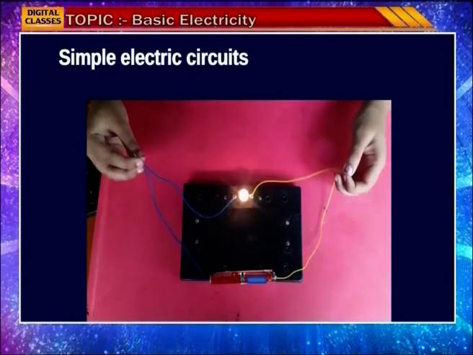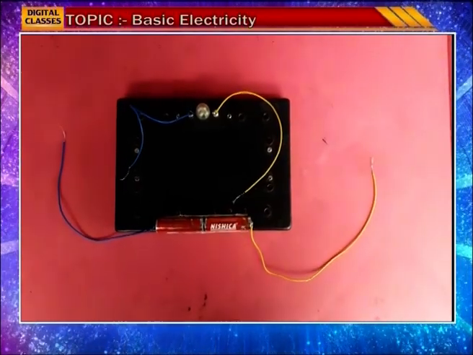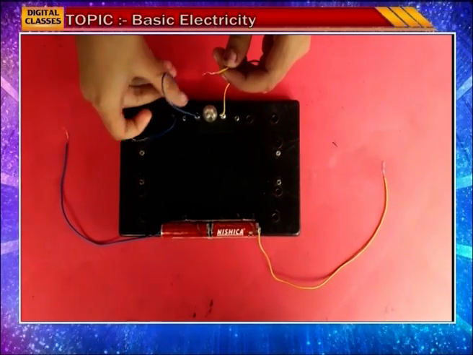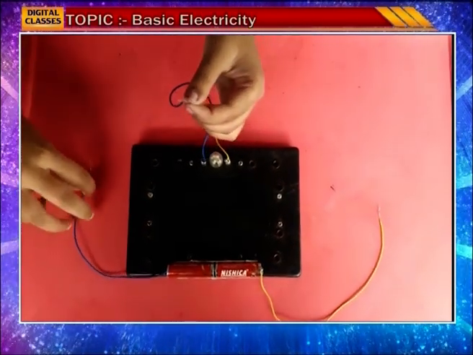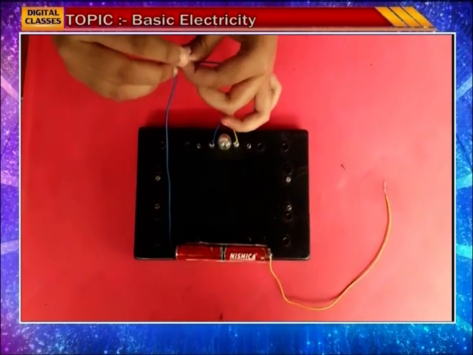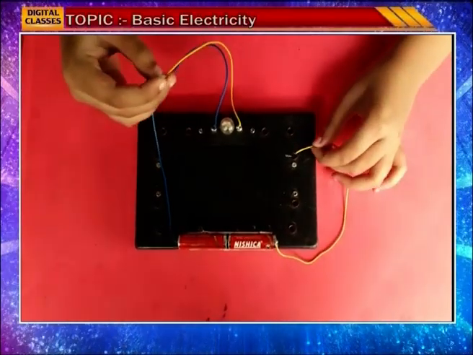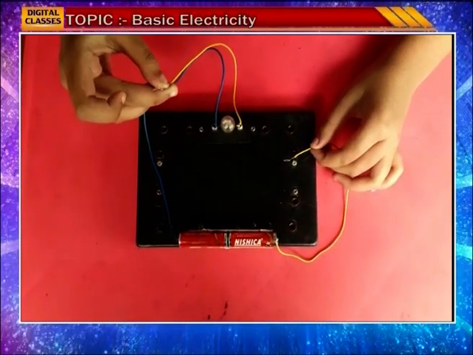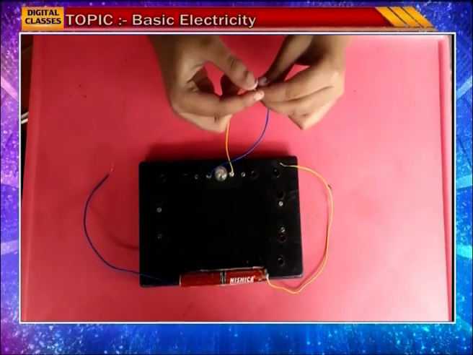Simple electric circuits. Take a bulb and attach yellow and blue wires to it, and two wires, blue and yellow, to a cell. Now connect the wires in different forms.